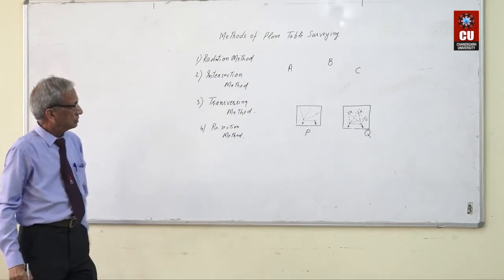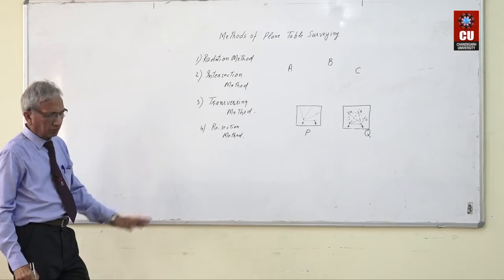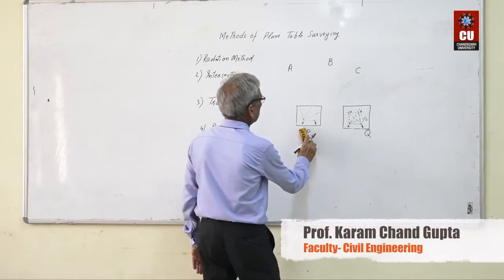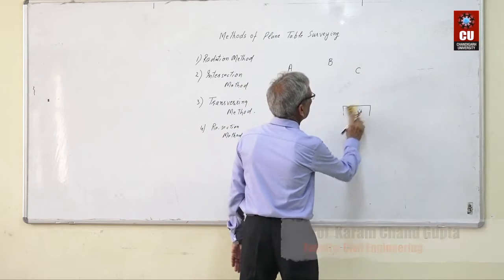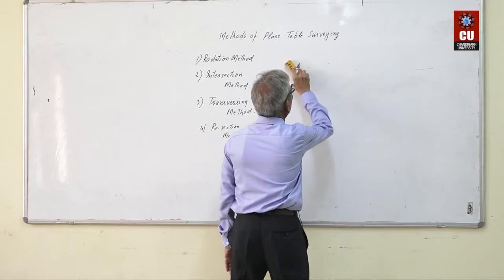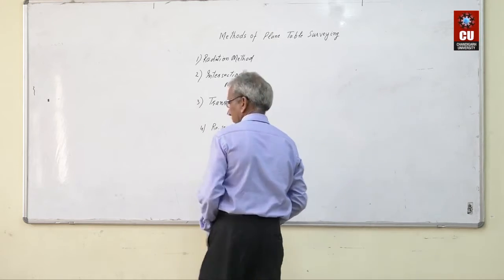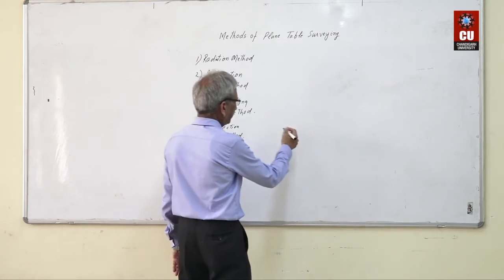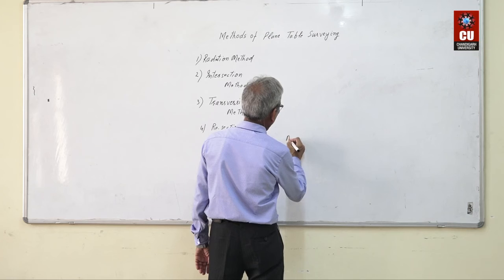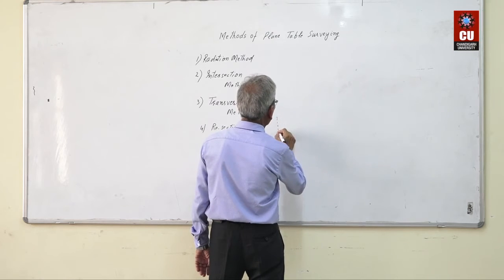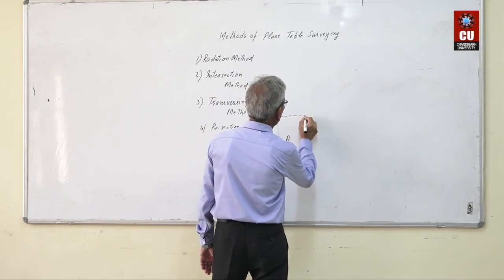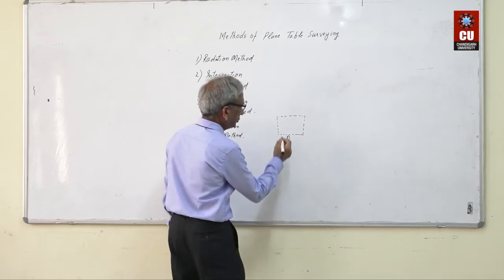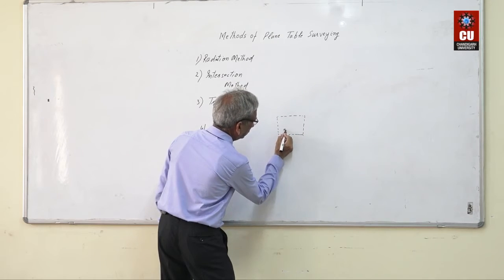Now the third method is traversing method. We will fix the table at point A, with small a its location on the drawing sheet.